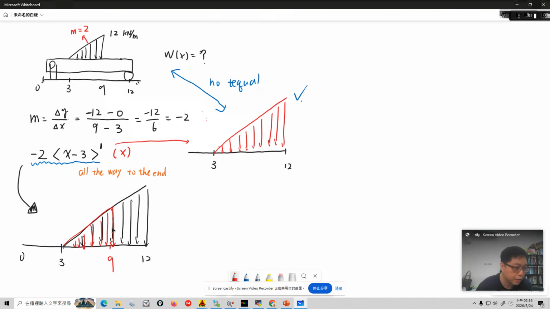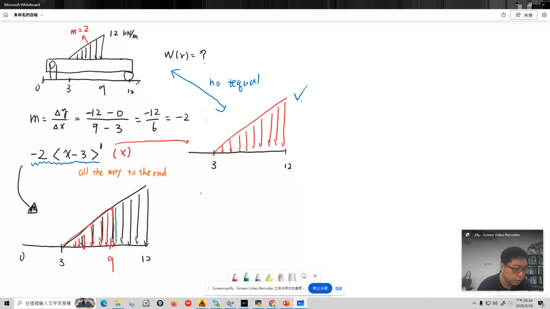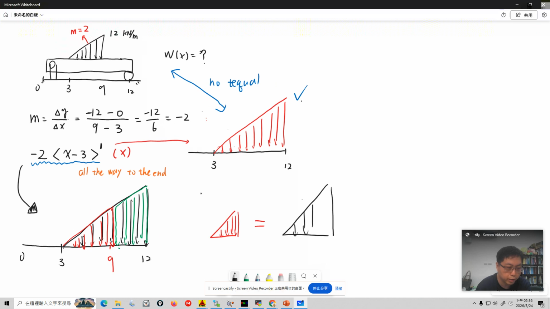If we want to obtain this red triangle, we need to use the whole large black triangle and subtract this trapezoid.